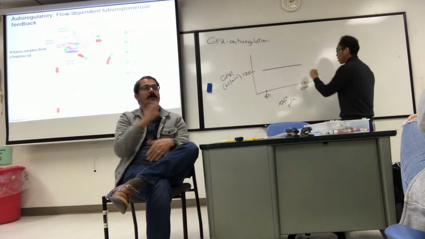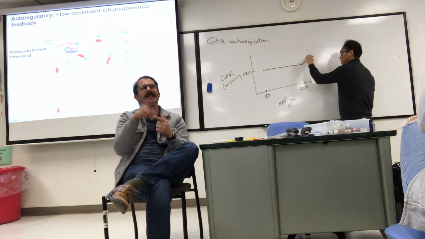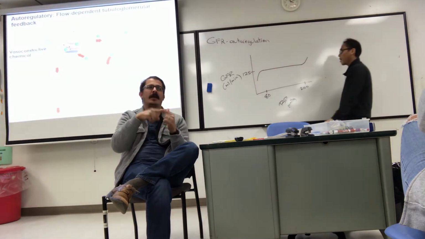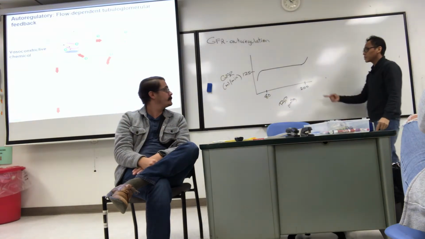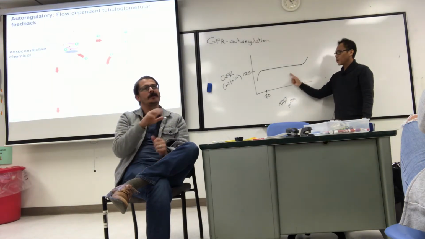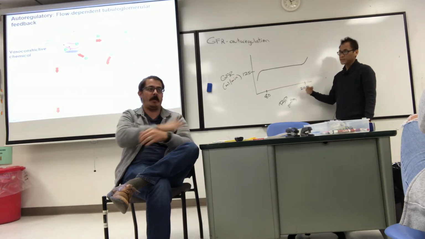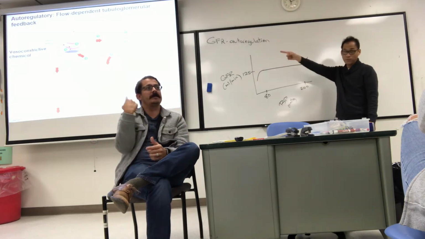If you exceed 200, maybe then it'll start to rise. And if you drop below 80, maybe then it'll drop off. But it's able to maintain 125 mils per minute no matter what the blood pressure is doing because of these mechanisms we're going to go through, like for example this one.